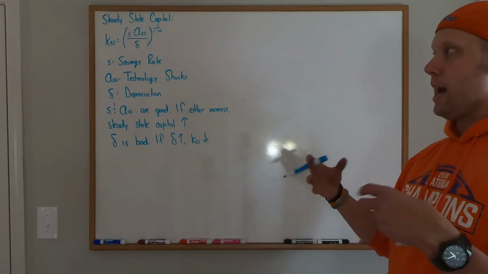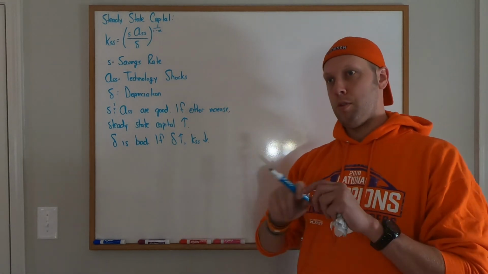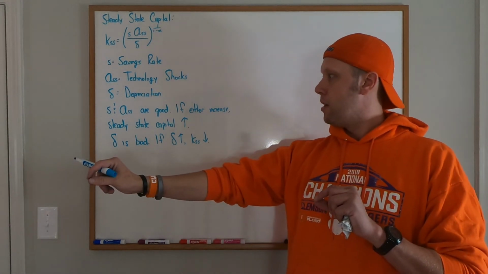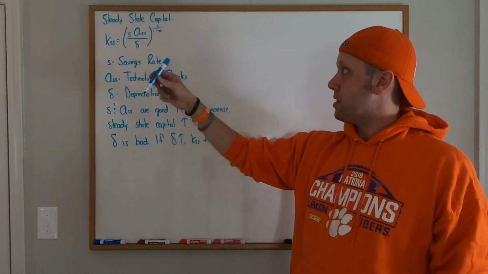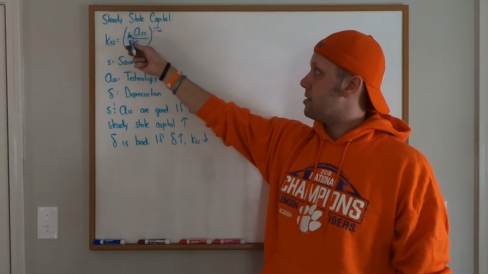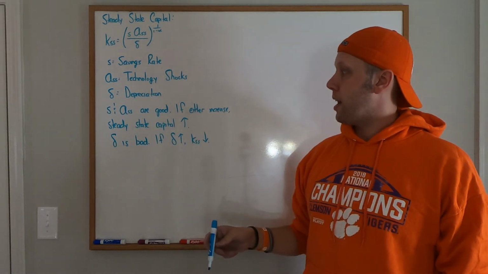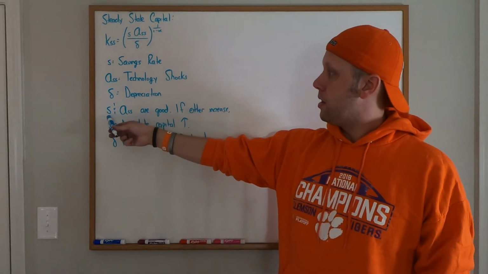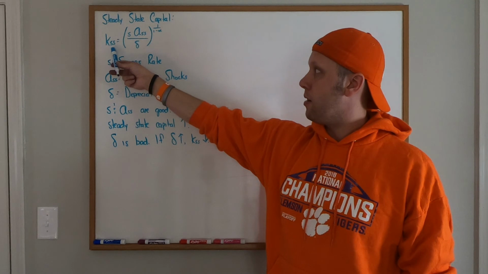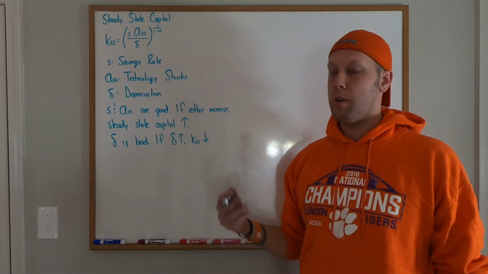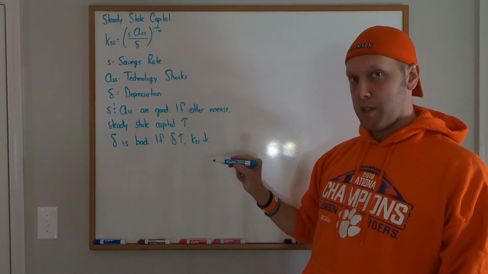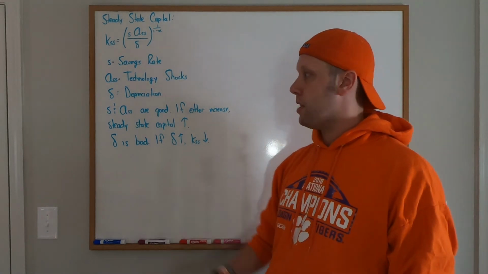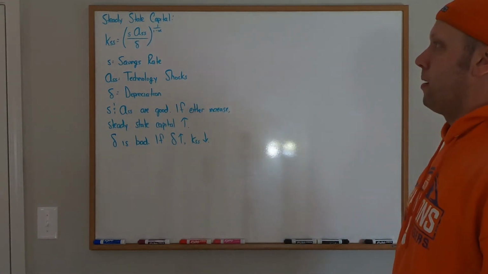Because we need to put in more capital in order to maintain a nice steady state. But if we're saving S at some rate that is not sufficient to maintain where steady state capital was, we'll get into what this means in a minute, then the increase in depreciation will drop steady state capital, and steady state capital will be lower.